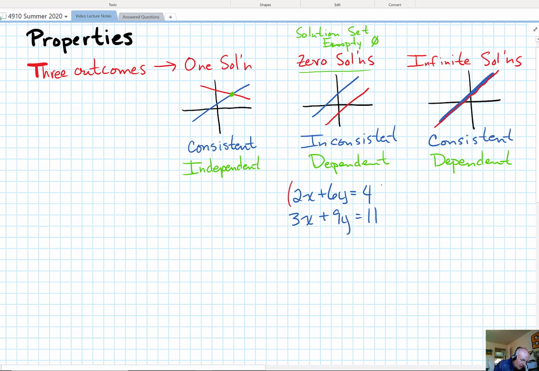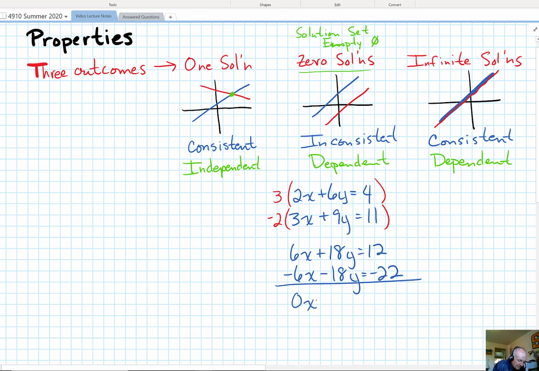Let's say we're going to use elimination. So we'll multiply this one by 3 and this one by 2. And that's going to give us two new equations. 6x plus 18y equals 12. And minus 6x, there's the elimination that's going to need to happen, minus 18y equals minus 22. And so when we go to add those, look what we get.